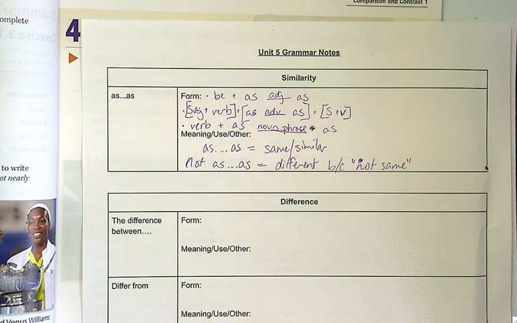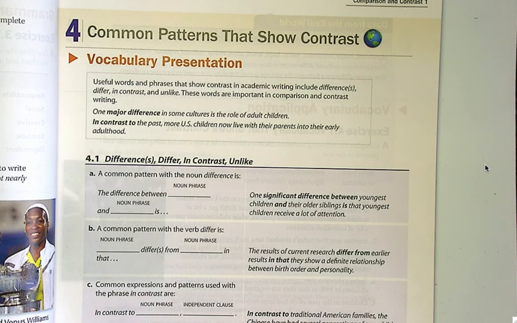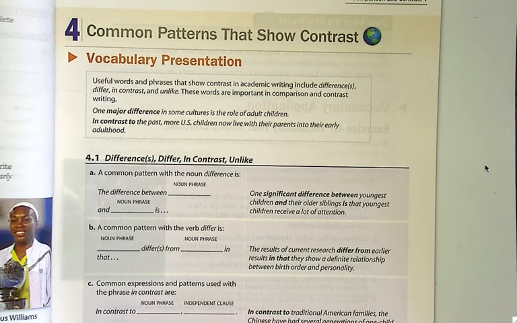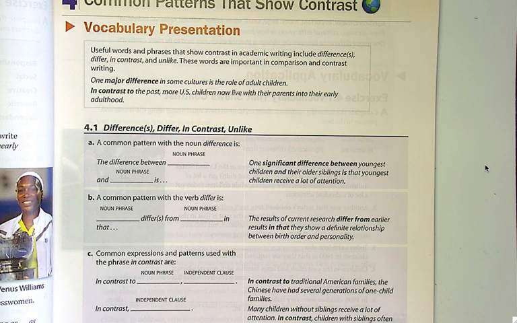It can also be used to show differences, but there's some grammar that only shows differences. So we're going to look at some of these different types. We've got some different patterns. Again, these all have the same meaning, but we're looking at the structure, the form, so that we have different options to say the same thing, but with different grammar.